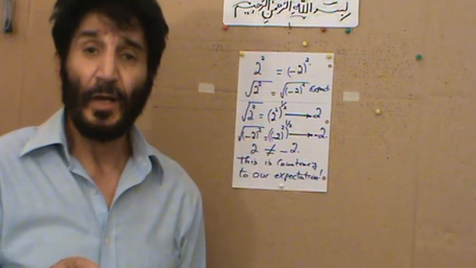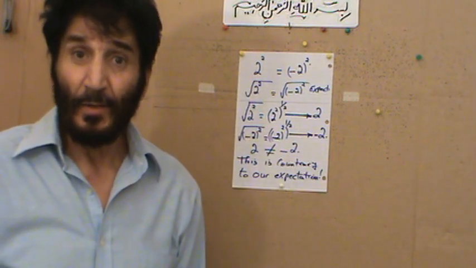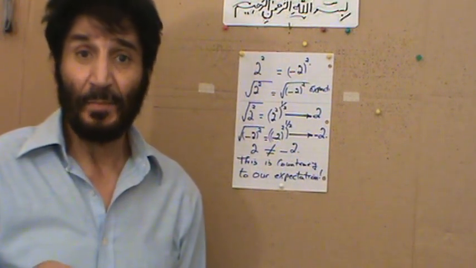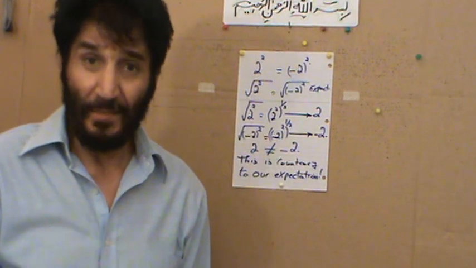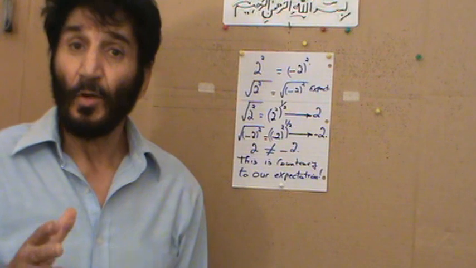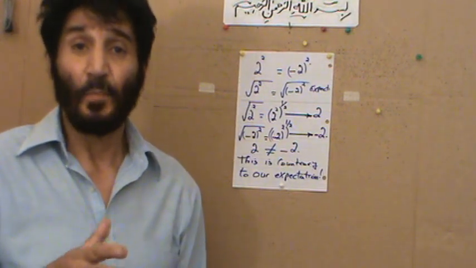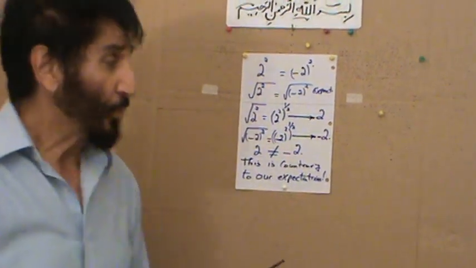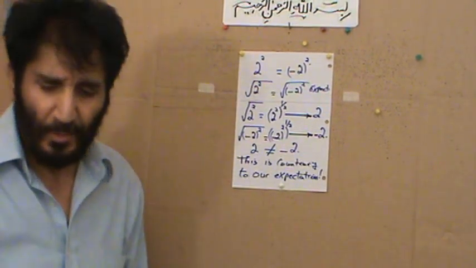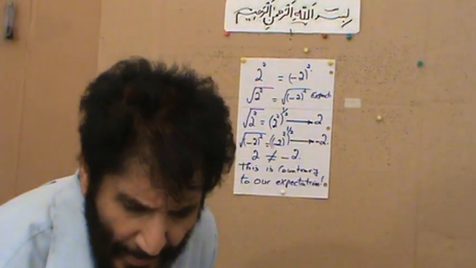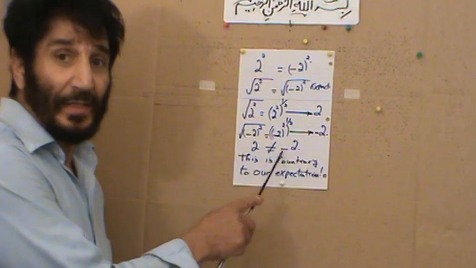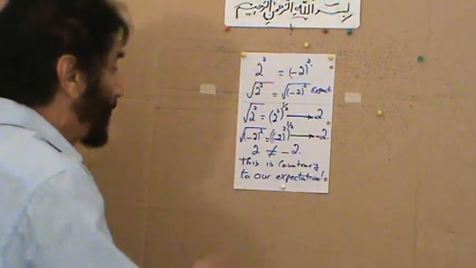So if there is any ambiguity or contradiction, immediately mathematicians make a definition to filter away that contradiction or possible ambiguity. That's exactly what we are going to do, to see what kind of agreement we can come up with so that we don't end up with this ambiguity.